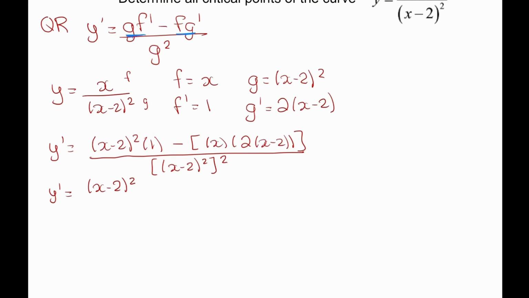Now let's look at this second part and expand this out and simplify it. So I have x times 2, and there's a negative there. So that gives me negative 2x times x minus 2. Using my exponent rules, I know a power to a power will be x minus 2 to the power of 4.